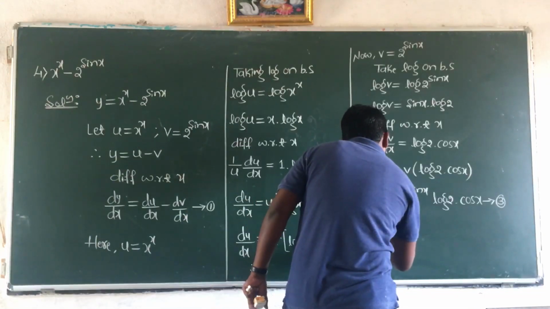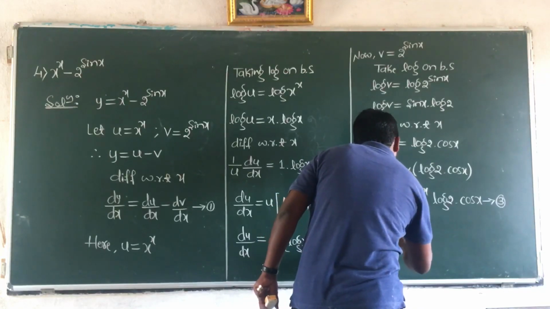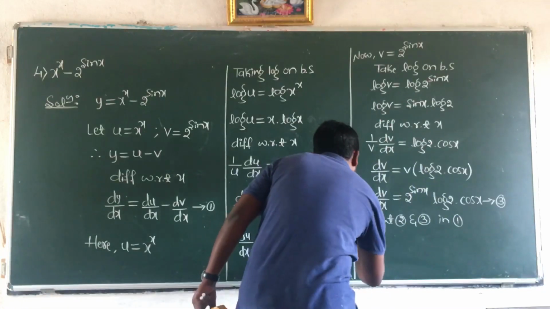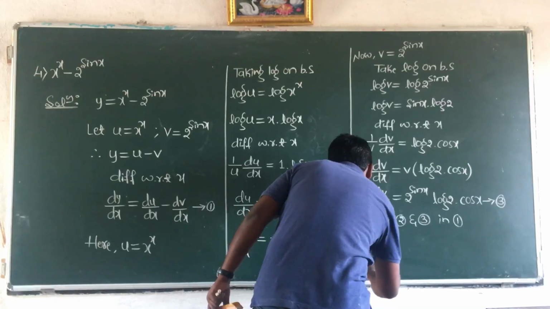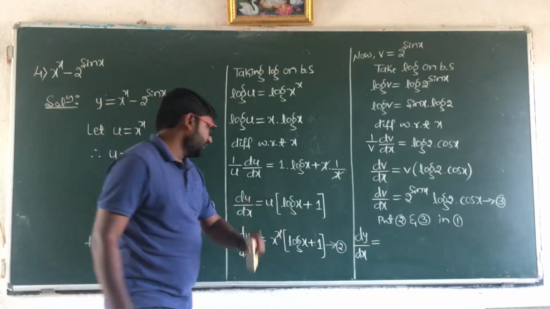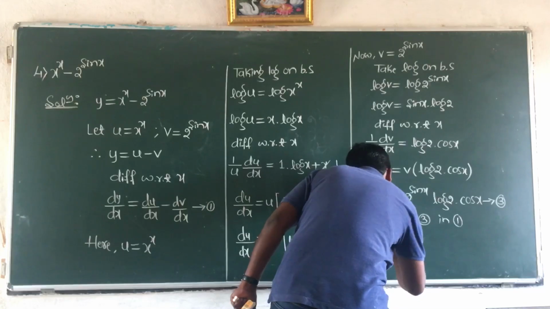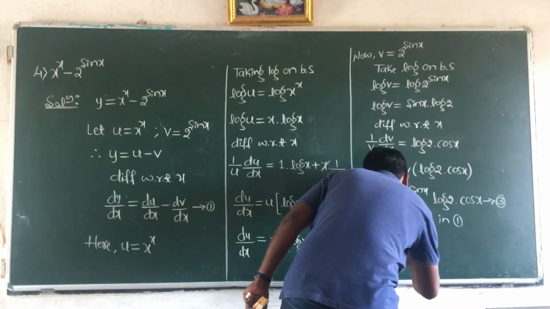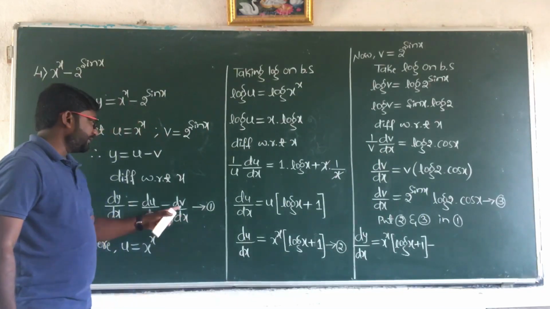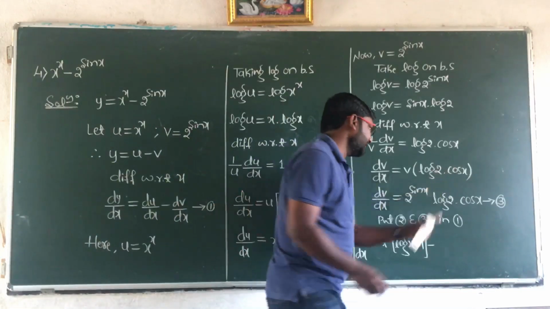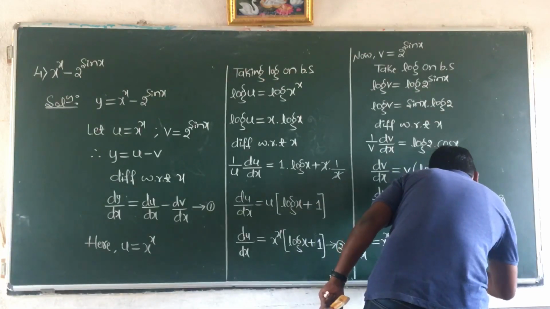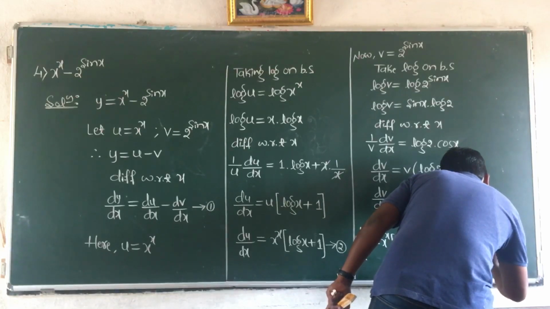So dy by dx is equal to, in place of du by dx, we write equation number 2: x to the power x, inside the bracket log x plus 1, then minus dv by dx, which is equation number 3, minus 2 raised to sin x into log 2 into cos x.